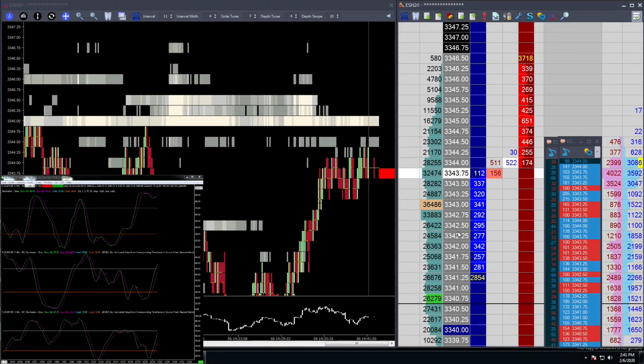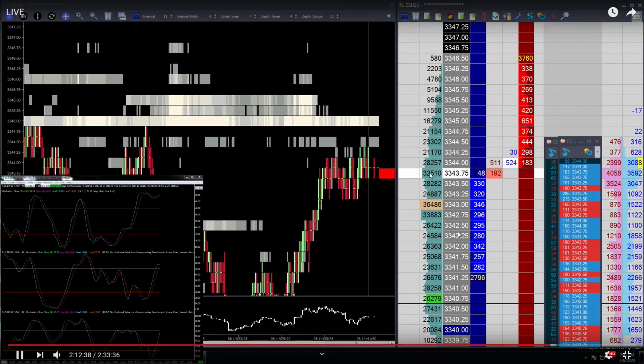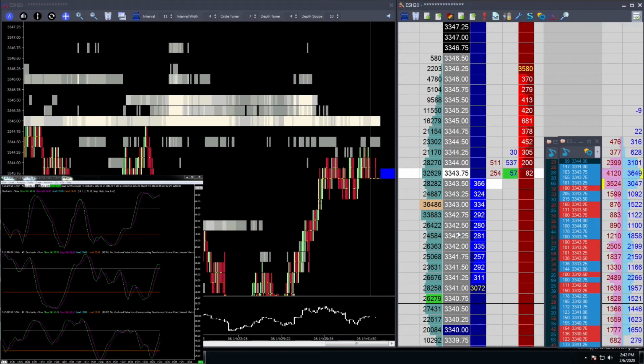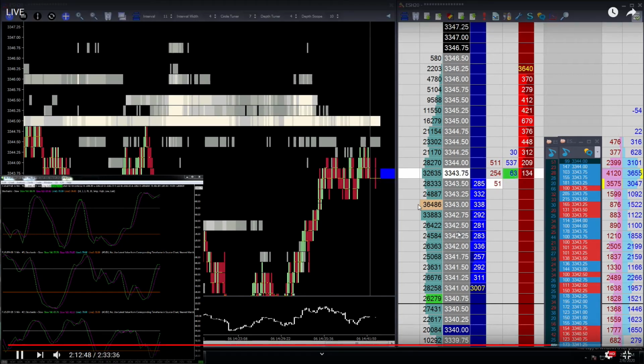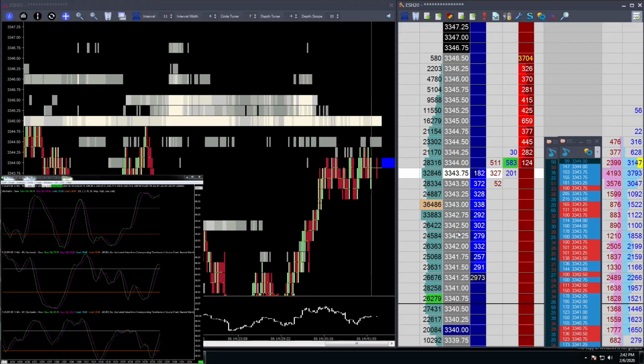Just absolutely see how it's starting to act as support now. So that's nice. Now we're kind of chopping through it a little bit. That's okay if it breaches through and tests the other side.